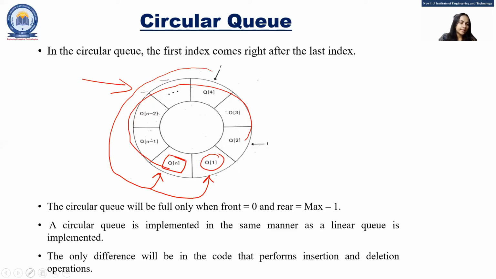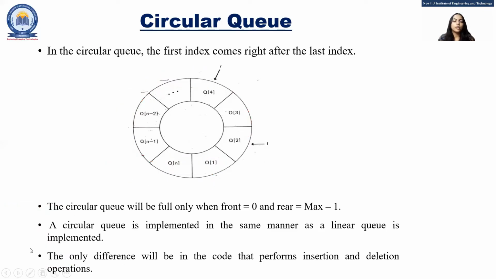We can say that this circular queue will be full only when front is 0 and rear is max minus 1, that is greater than or equal to n, right?